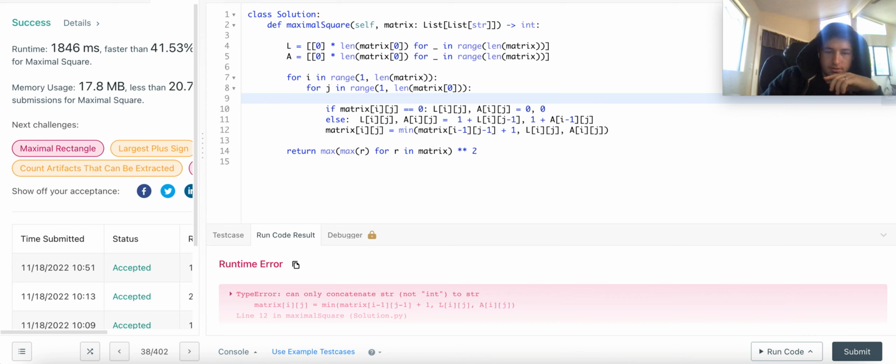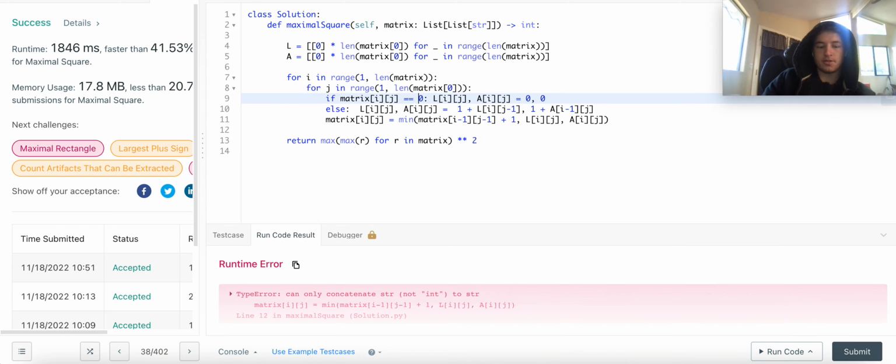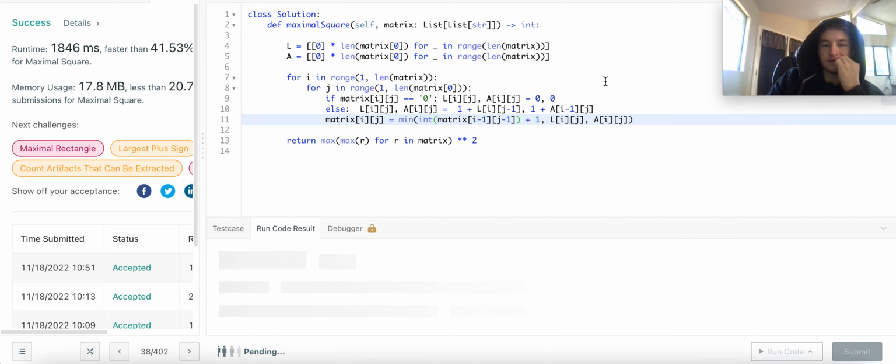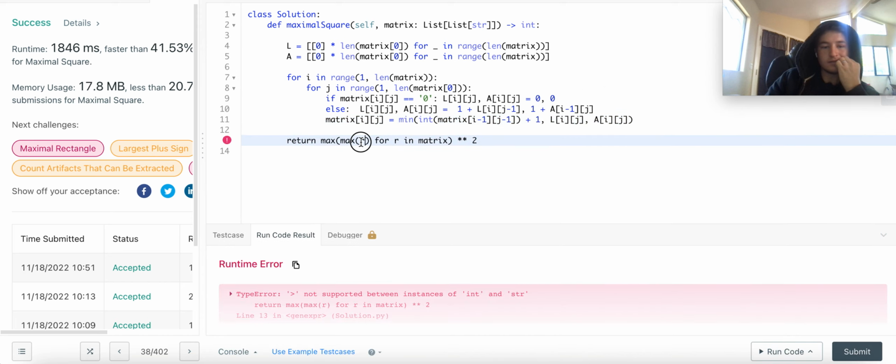Don't convert it. Why did they provide a problem like this? It's just so annoying that they did that. If it equals 0, okay. Just force convert it to int here in case it isn't an int. And then map it to an int here. Ugh. The things we do for a one-pass solution, it's just ridiculous.